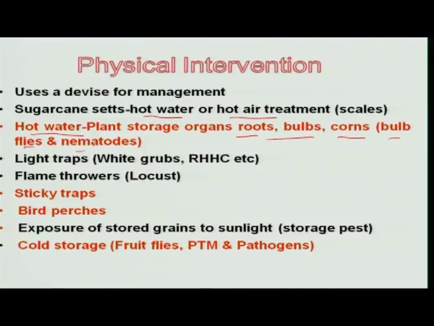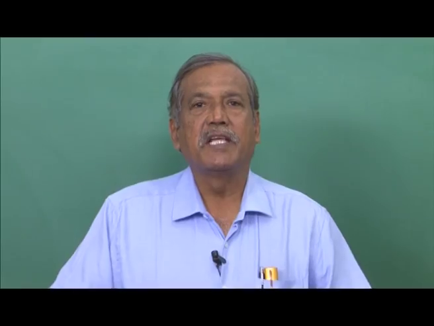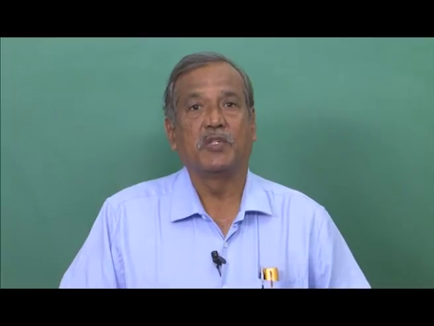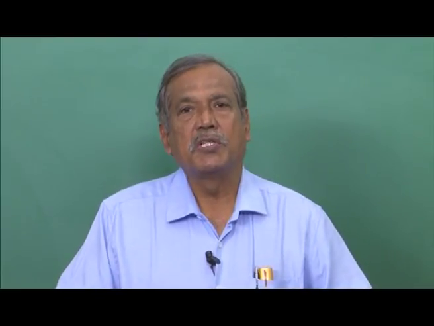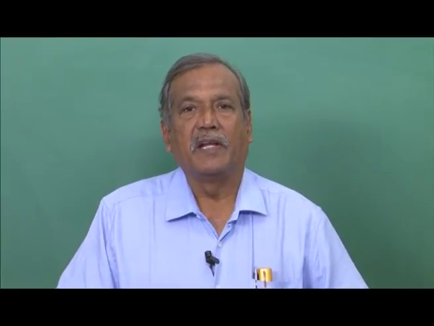Similarly, another device which is most commonly used is a light trap. Light trap involves two things. One is the use of light. Majority of the insects are attracted towards light sources. The light source may be from different agencies.